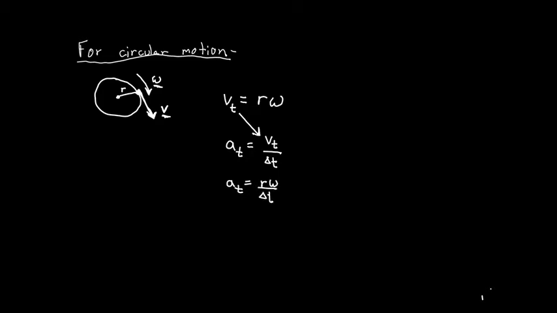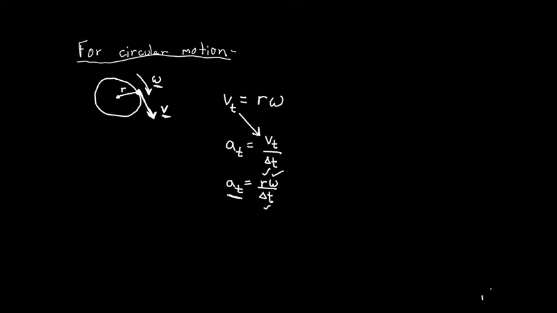So all I've done there is a substitution. So the acceleration at the edge of a circle, acceleration at this tangent, is equal to the radius, r, times the angular velocity, all divided by the change in time.